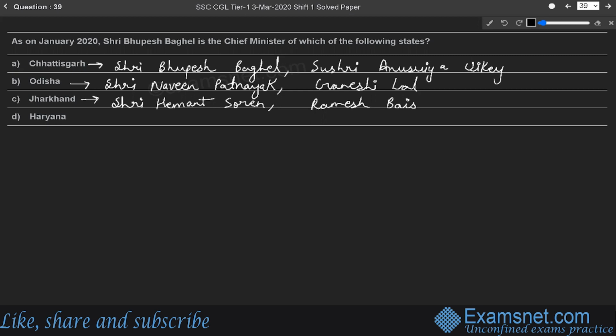Last option is Haryana. Chief Minister of Haryana is Sri Manohar Lal. And the Governor of Haryana is Bandaru Dattatray.